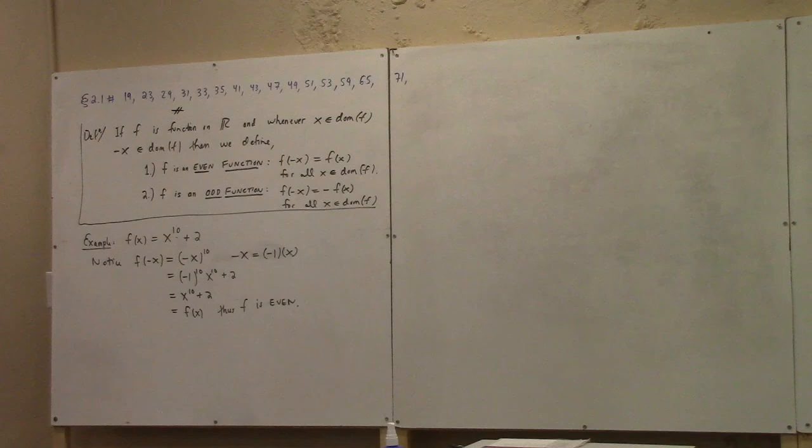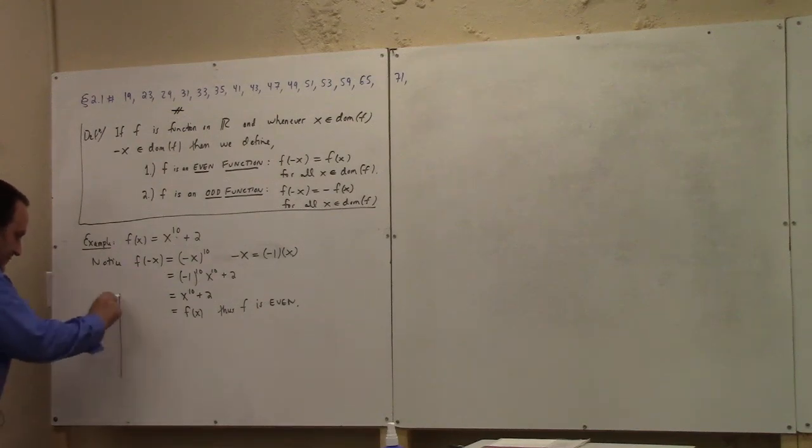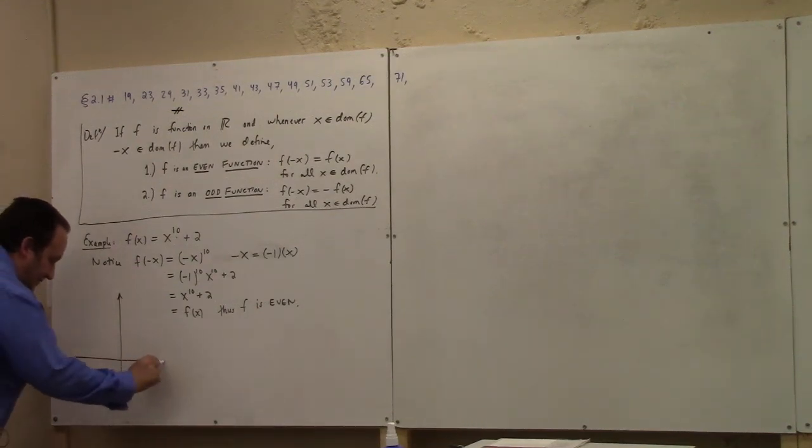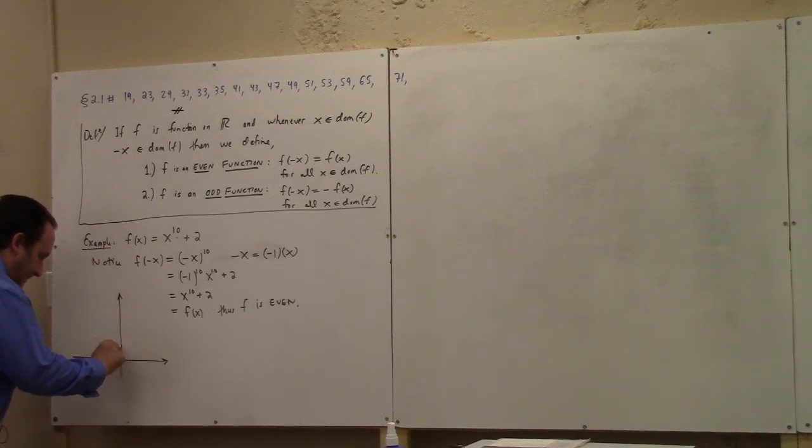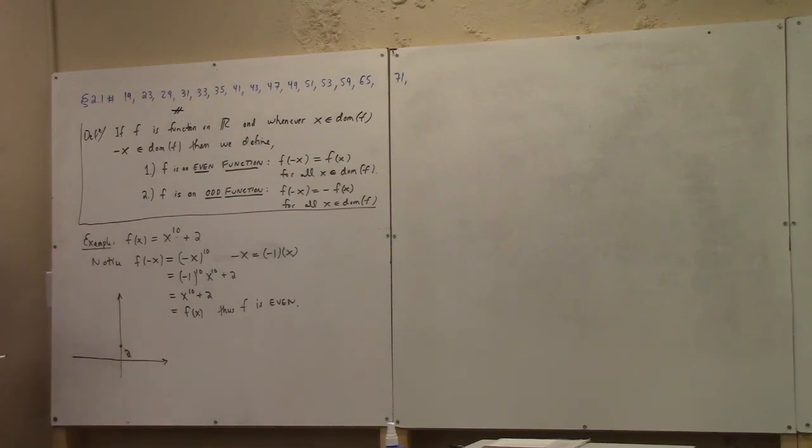Let me talk about the graph of this function momentarily here. So it's got a y-intercept of 2, right? And if we were to plug it in our graphing calculator, it would look kind of like a goalpost. It's steeper than a quadratic graph, but roughly speaking it looks like that.